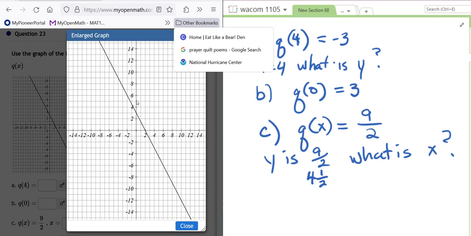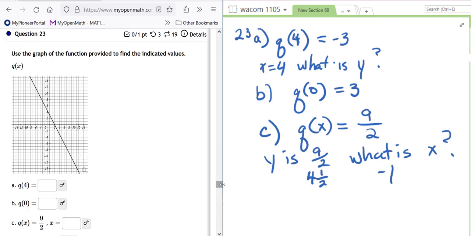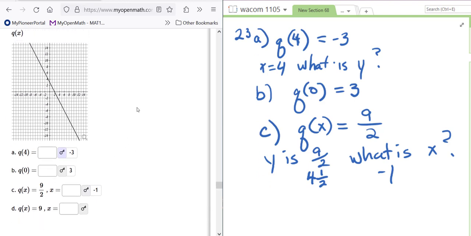Go over to the graph, so you're going across this time, and -1 looks to me like it's lining up with that. And we'll put that answer in and see. We'll close this. That's the one that was worrying me for being able to see. And, oh, we can just check. It is -1. These others we can check. There we go, good.